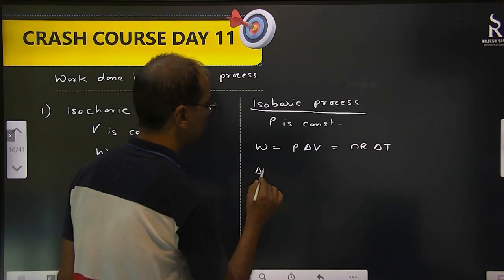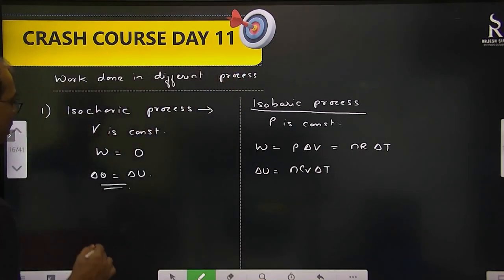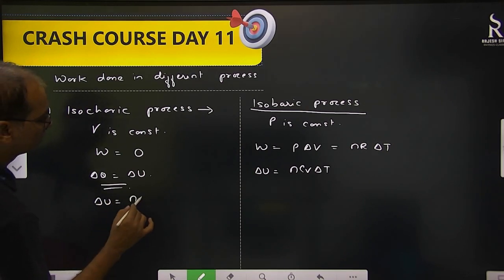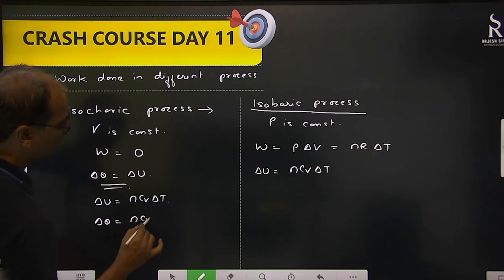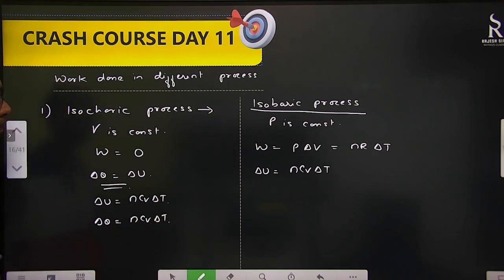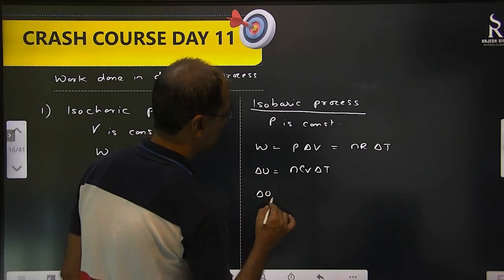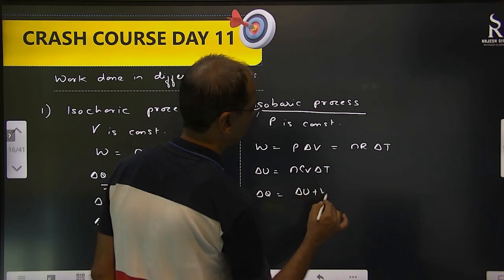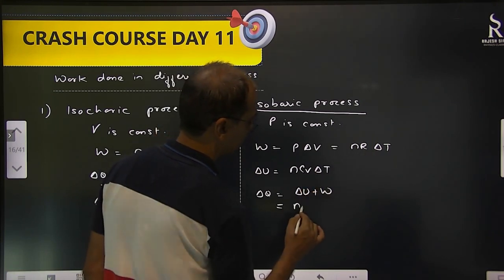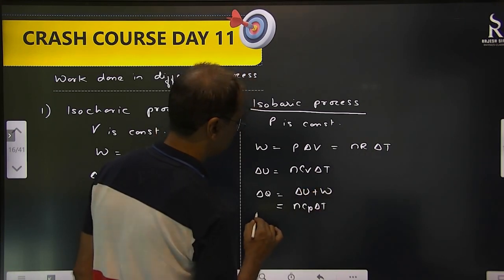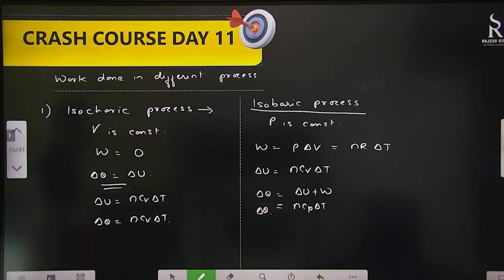Delta U is always nCV delta T, so here also delta U is nCV delta T. Then delta Q is delta U plus W. In this one, delta U is nCV delta T and W is nR delta T, so this will come as nCP delta T. That's delta Q. So this is about the isobaric process.